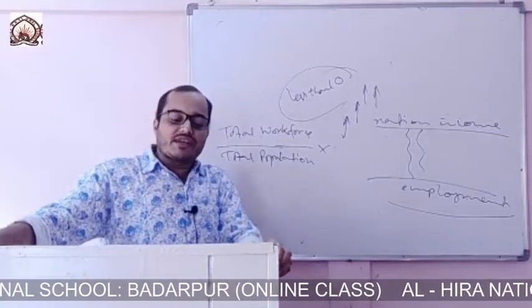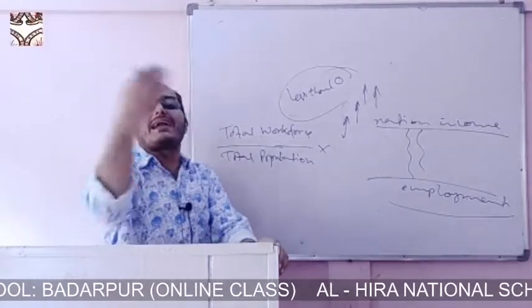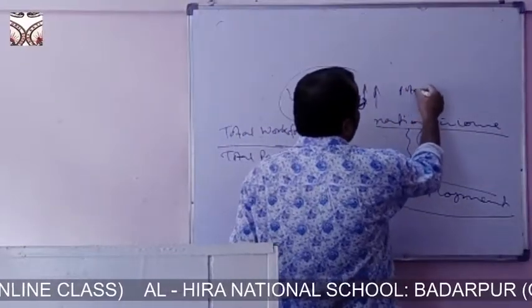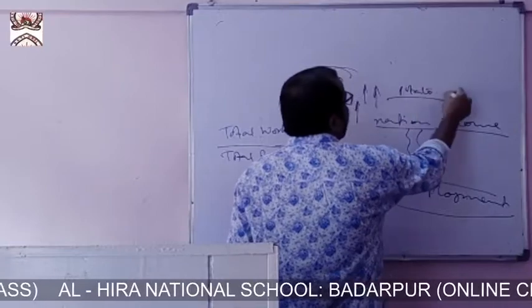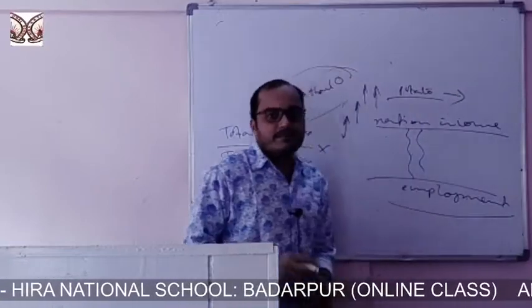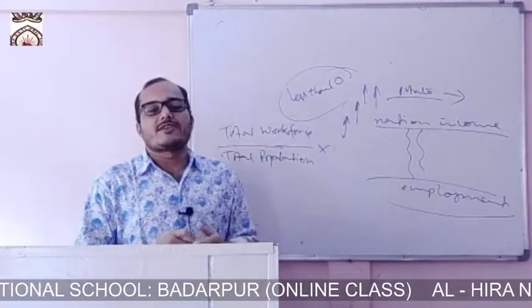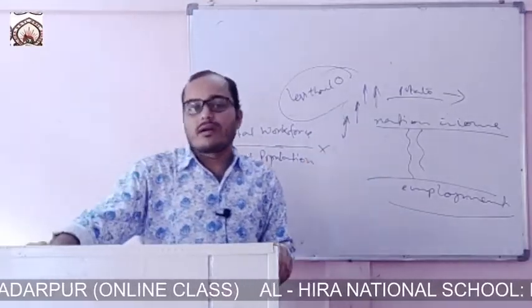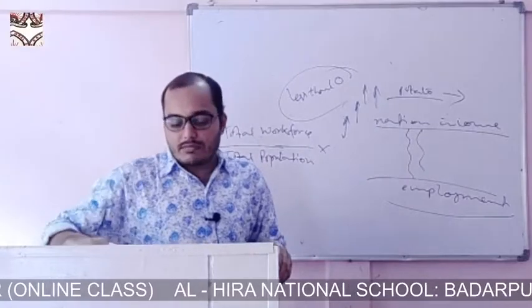Demand pull inflation is when the demand for a particular good, say potato, is there in the market, but production is not there, so as a result the price increases. It is called demand pull. Clear? Very short.